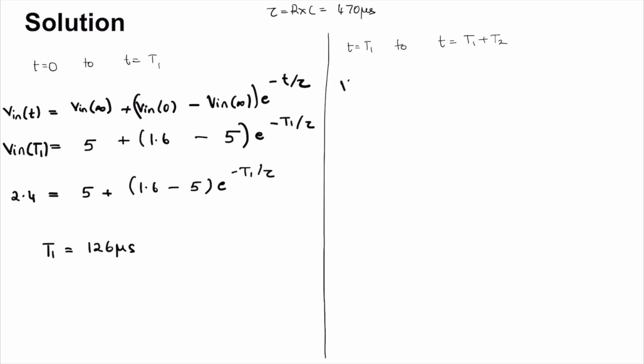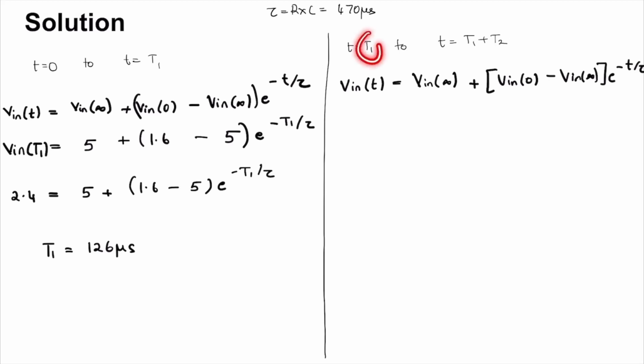Similarly, for the t1 to t2 portion, if we remap t1 as t equal to 0, we can again write the expression as Vin of infinity plus Vin of 0 minus Vin of infinity e power minus t by tau. This is with the remapping of this to 0.